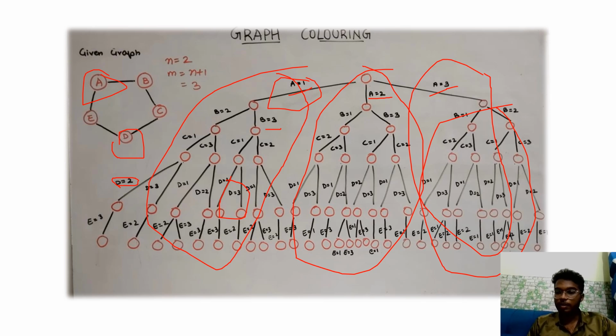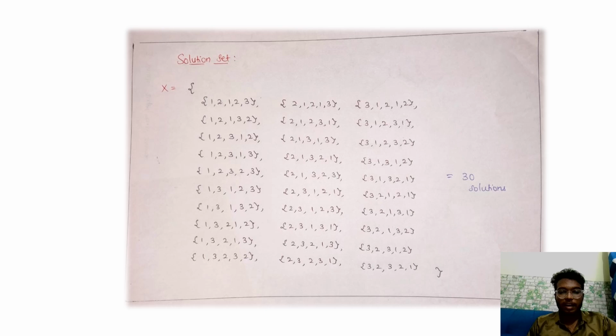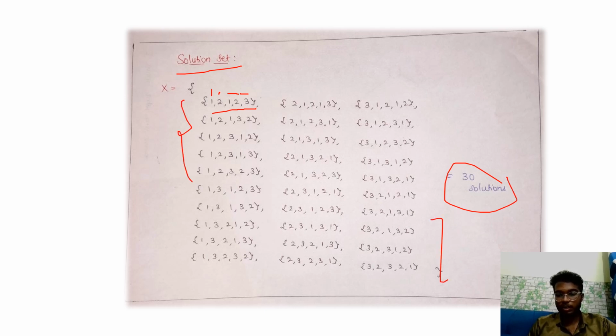Let us move on to the next slide. Here we have determined the solution set. The solution set is the coloring of the A vertex, B, C, D, and E vertex, and in what order all these colors are assigned. We have 30 solutions entirely, and we write all 30 solutions in curly braces, in the form of a set.